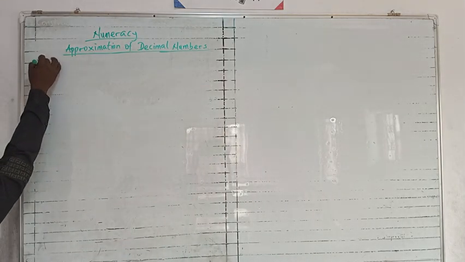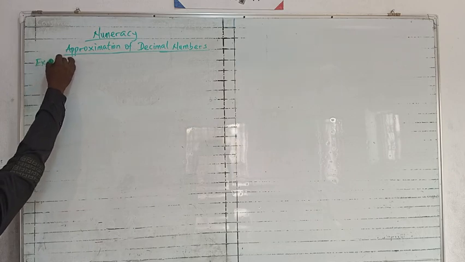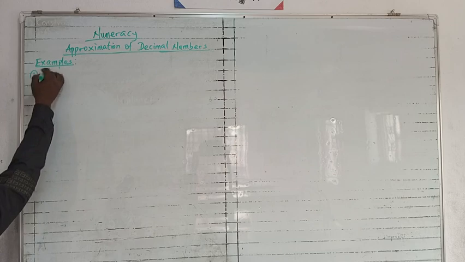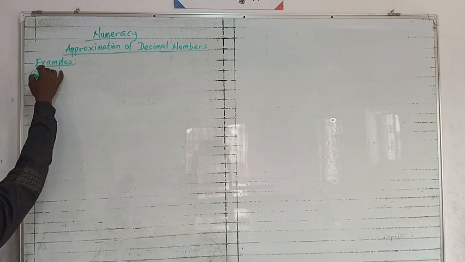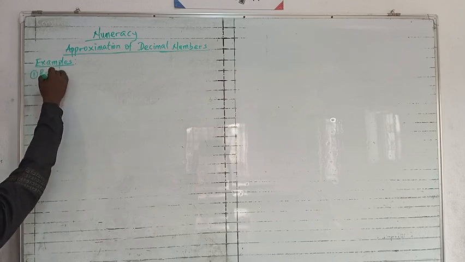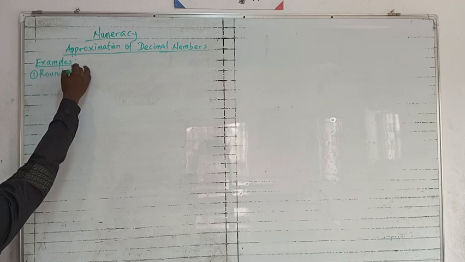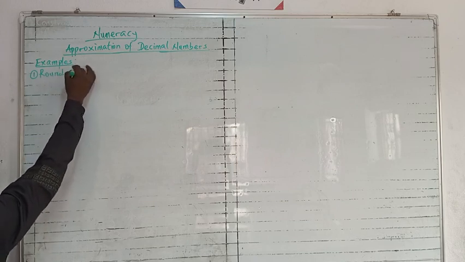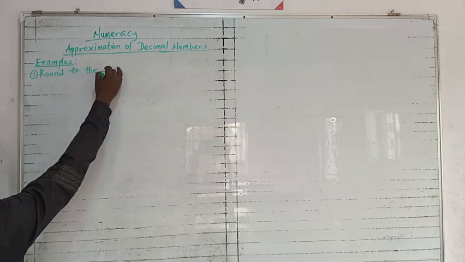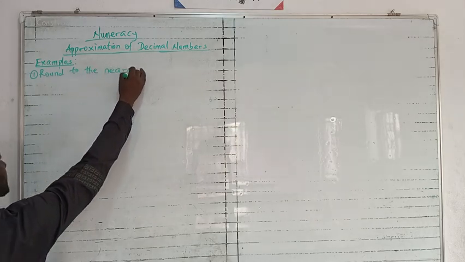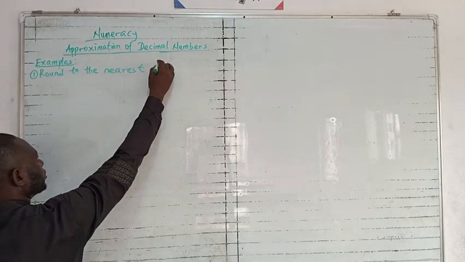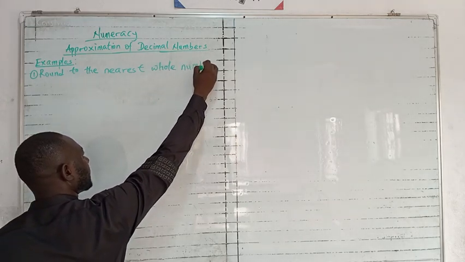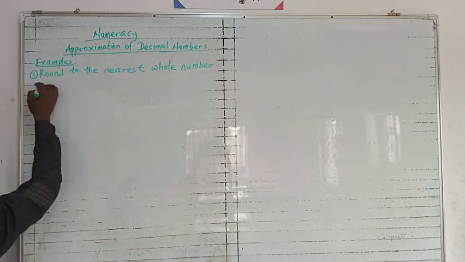Example 1. Round to the nearest whole number.